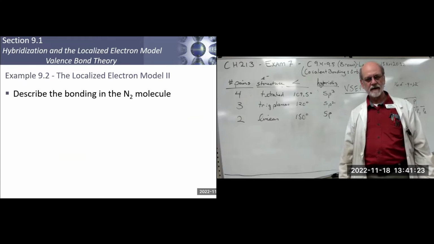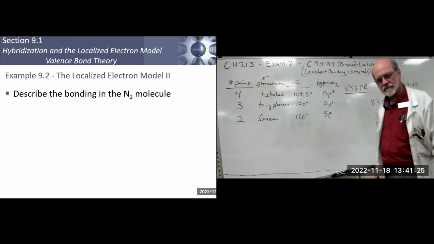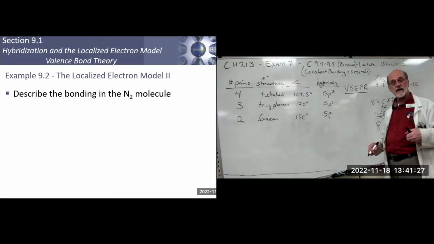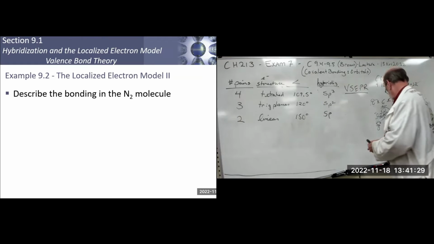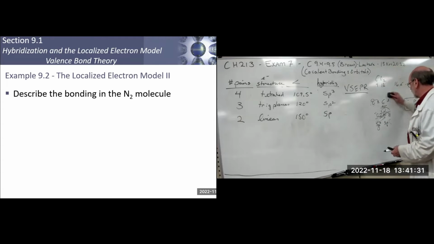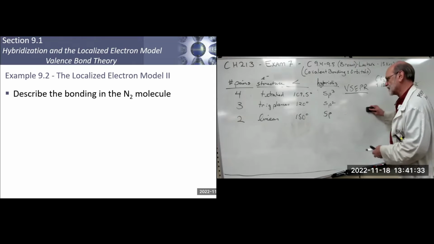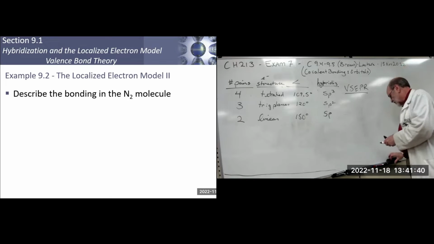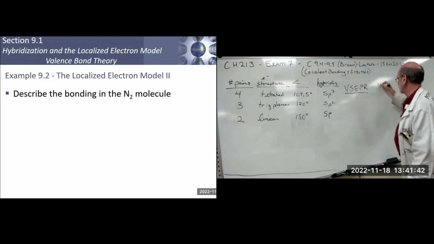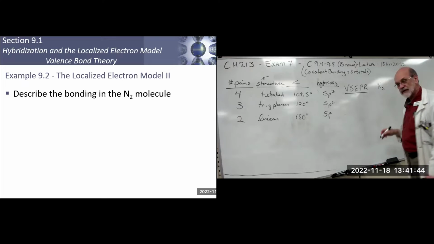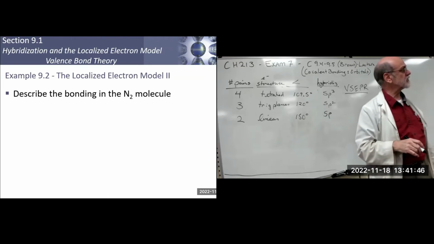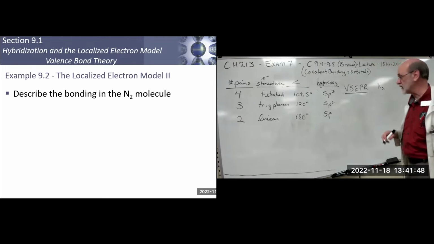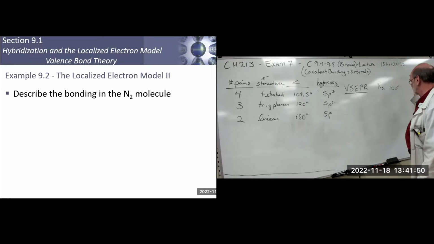All right. So how about the nitrogen molecule, the dinitrogen molecule that we breathe every day? Two nitrogens, 5 valence electrons each, so that's 10 electrons.